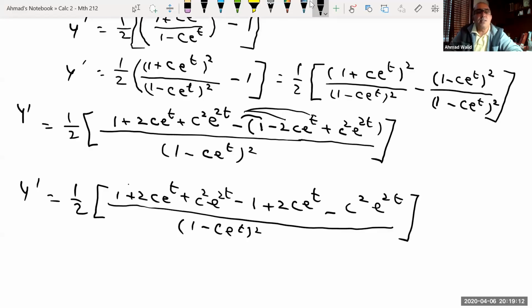Now, positive 1, negative 1, 0. C squared e to the 2t, negative c squared e to the 2t cancels out. What is left?